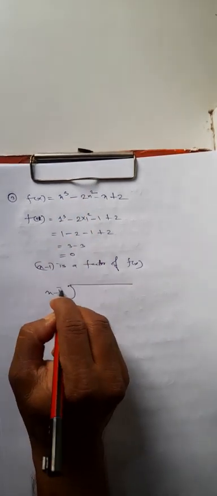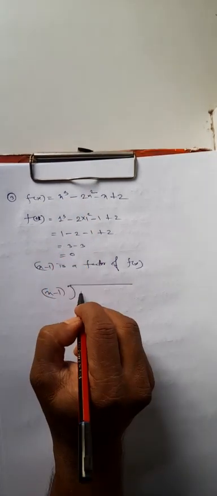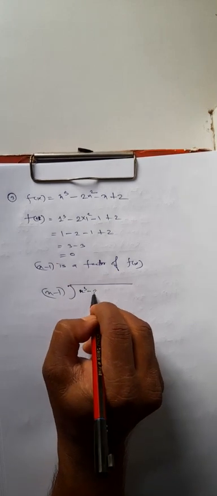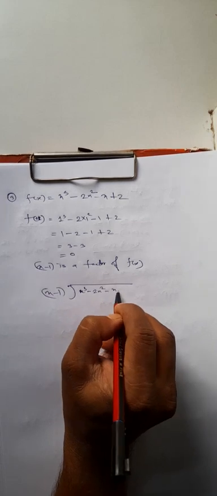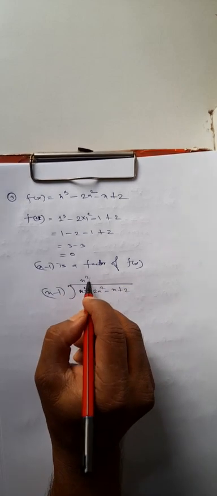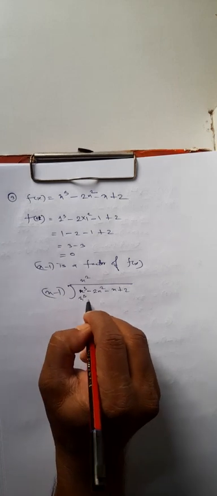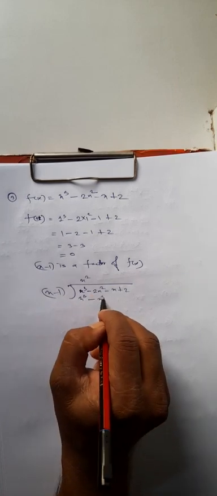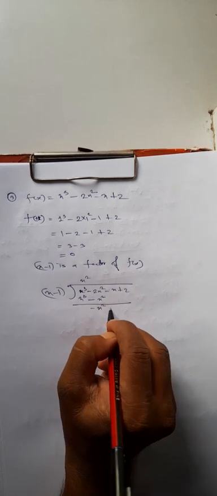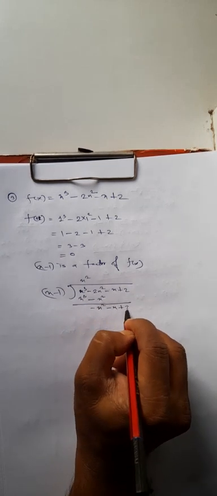You divide this polynomial by x − 1. You put here x² into x, x³ − x². Now you subtract this, you will get −x² − x + 2.